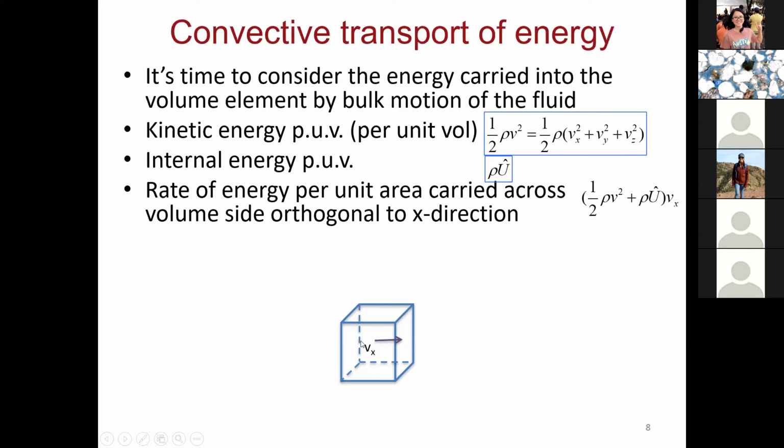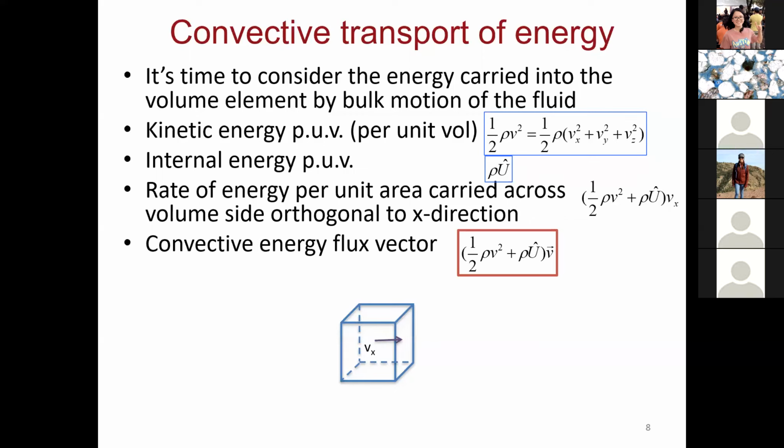And with respect to this coordinate system, we're going to look at this lower side at X. That's what's carried across in, and this upper side at X plus delta X. If you remember the shell balances, this is going to be what's carried out. And the same actually goes on in all other directions. So I'm going to have the similar thing happen for the Y direction and Z direction.